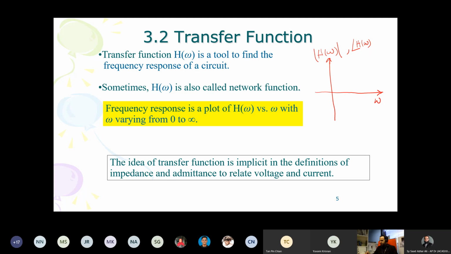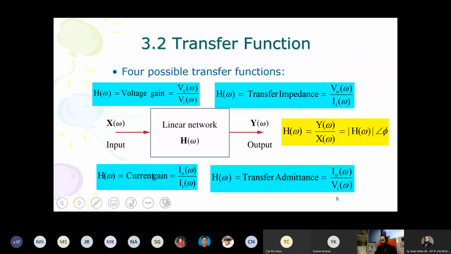The idea of the transfer function is implicit in the definitions of impedance and admittance, to relate voltage and current. When we talk about circuits, we know that voltage and current are the two variables, and we can relate these two variables in terms of a transfer function. So it could be a voltage gain, output over input. It could be a current gain, output current upon input current.